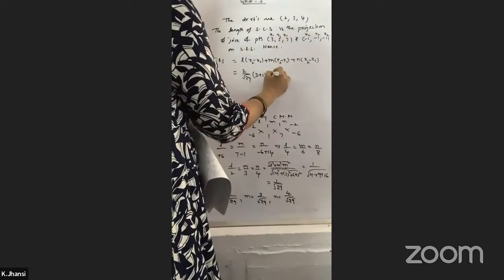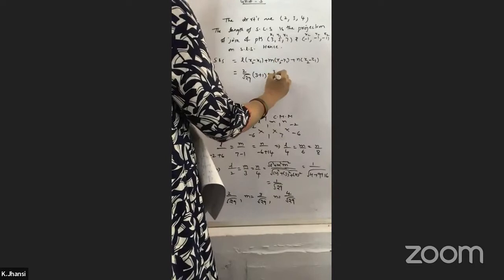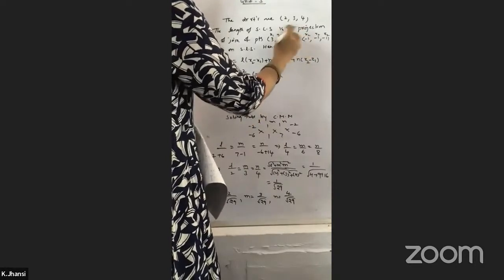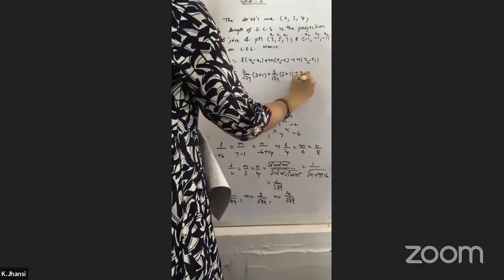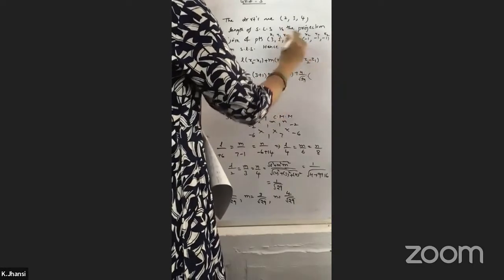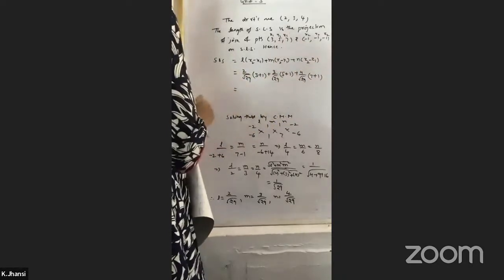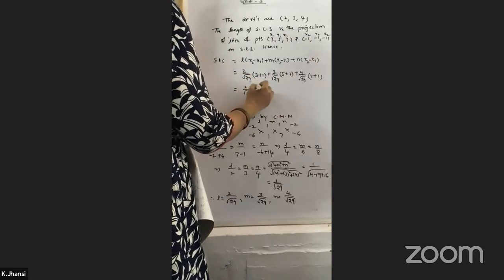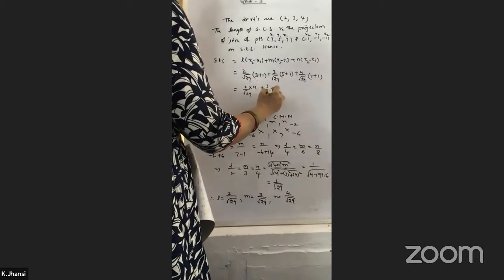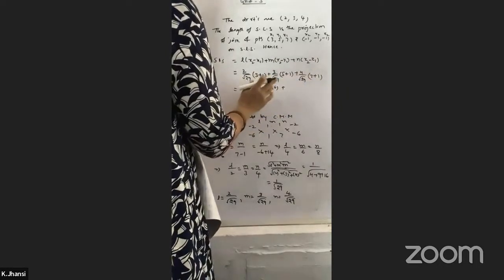After that, plus the second value, 3 by root 29 into y minus y1, that is 5 plus 1. Next, 4 by root 29 into 7 plus 1.